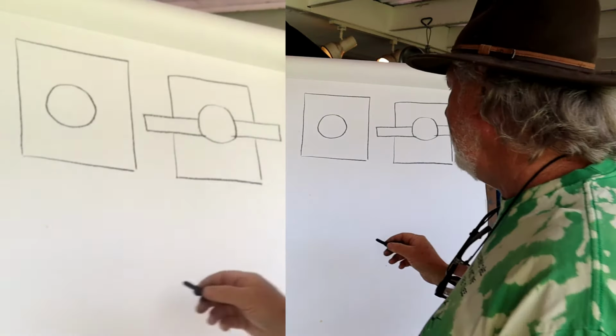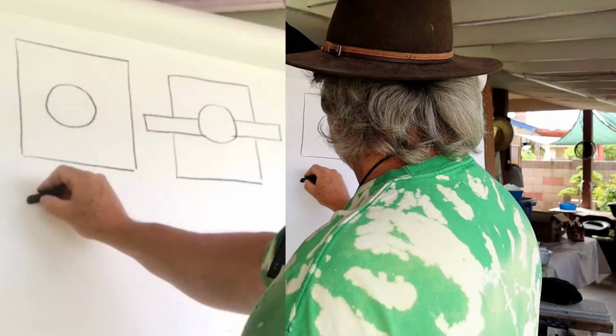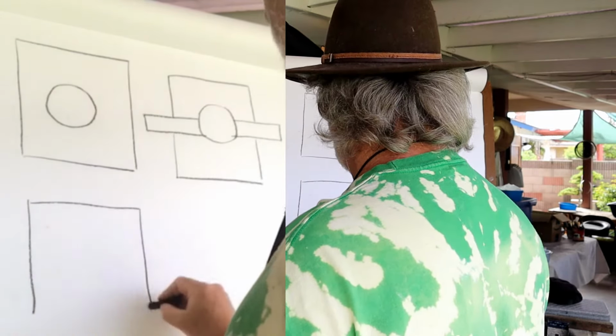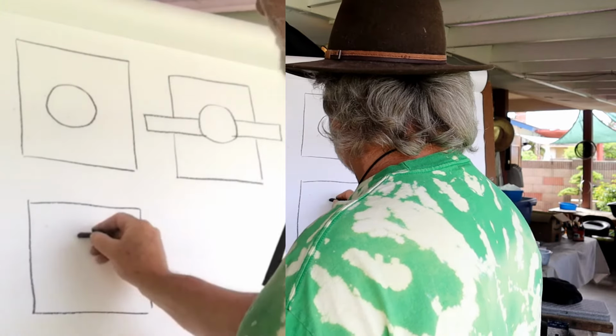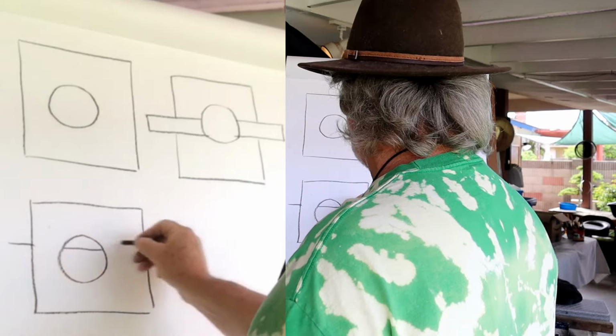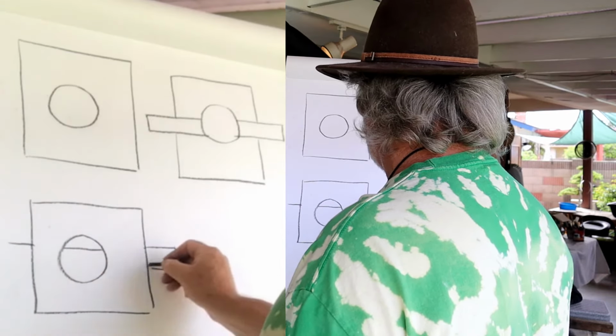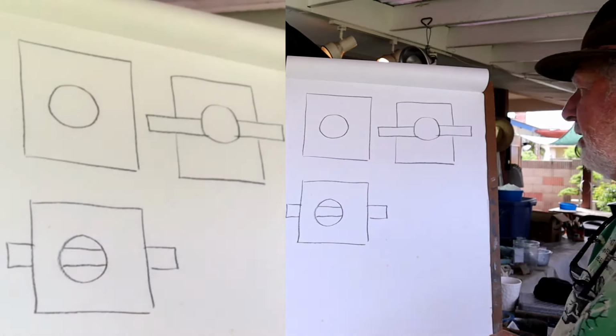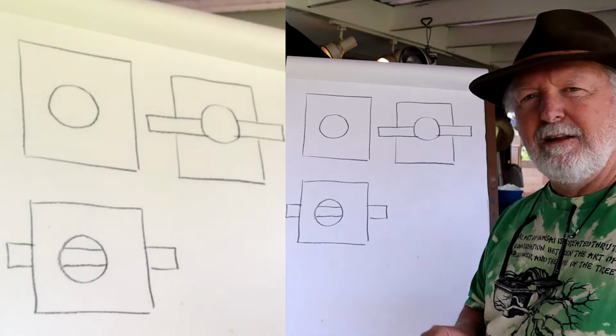Let's say I do the same thing. So say I draw the same object, but this time I do this. Again, now I've really informed the space.